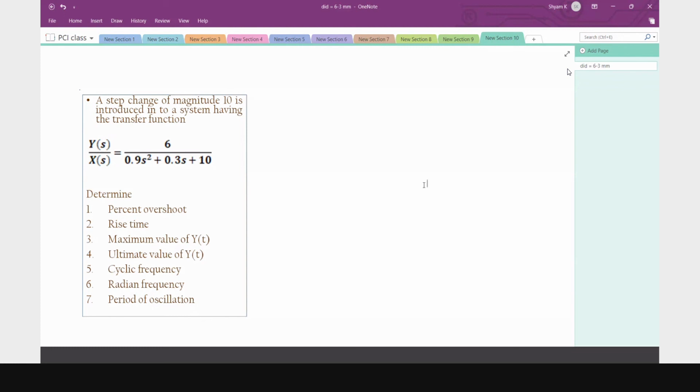Determine percentage overshoot, rise time, maximum value of y(t), ultimate value of y(t), cyclic frequency, radian frequency, period of oscillation. So let's start.